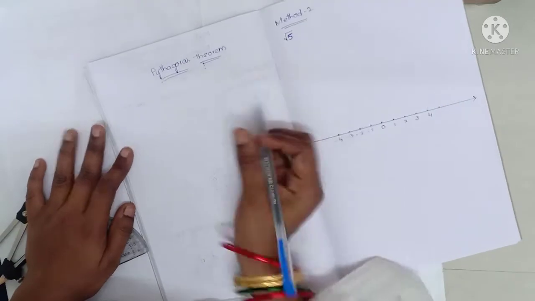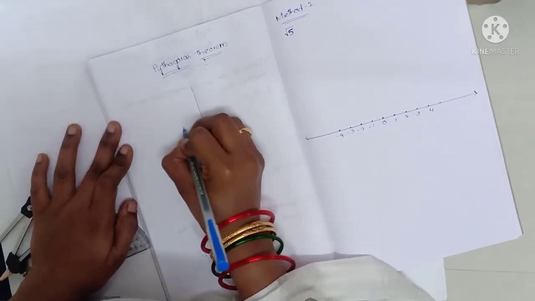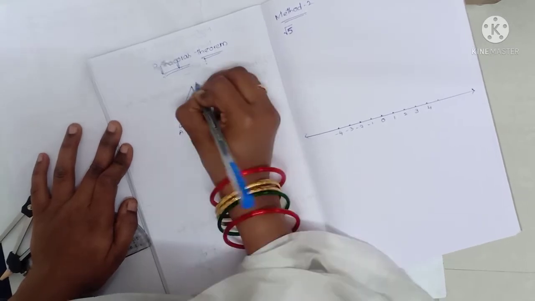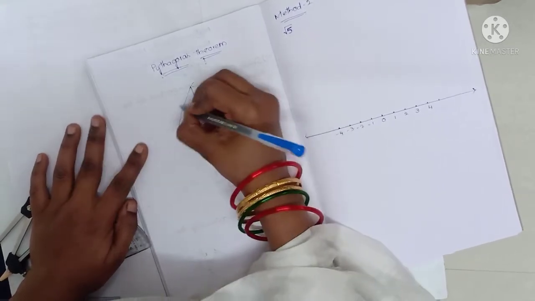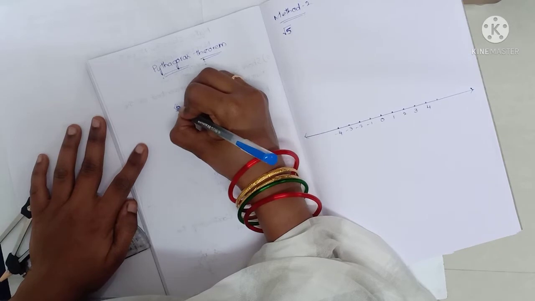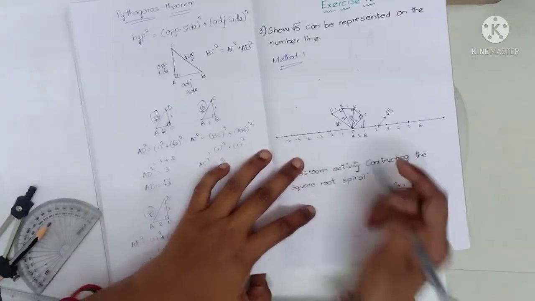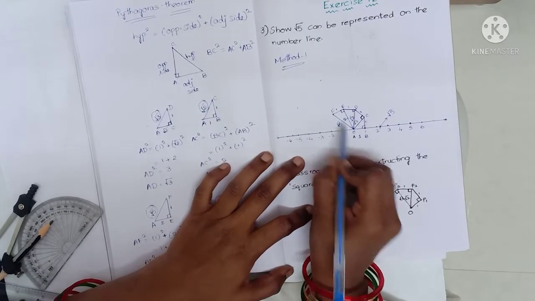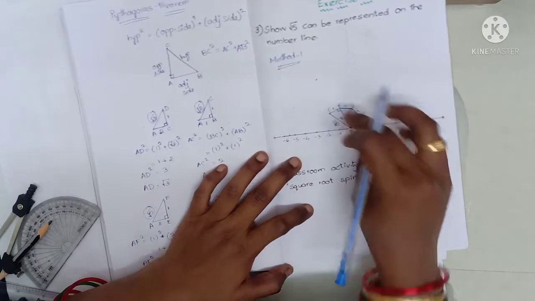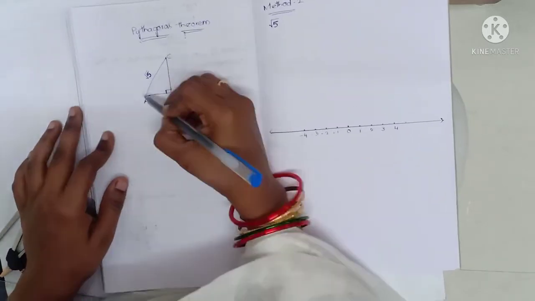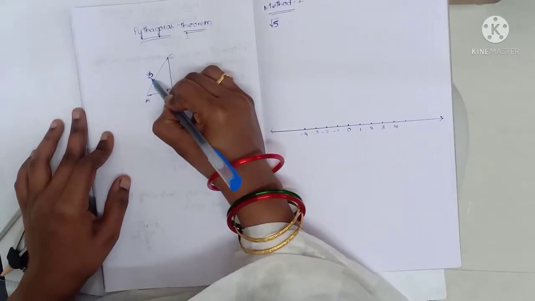So according to Pythagoras theorem, in right angle triangle ABC, AC here you should get root 5. This is our target. If you get AC, that is AF here, as root 5, then we can take the compass, measure and draw on the number line. So here also our target is to get AC as root 5.